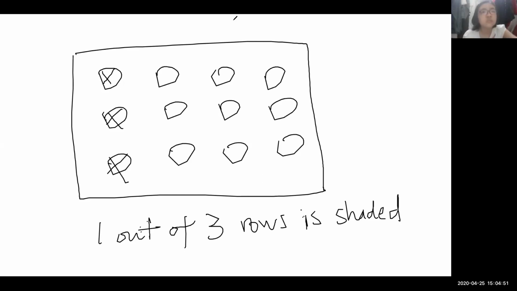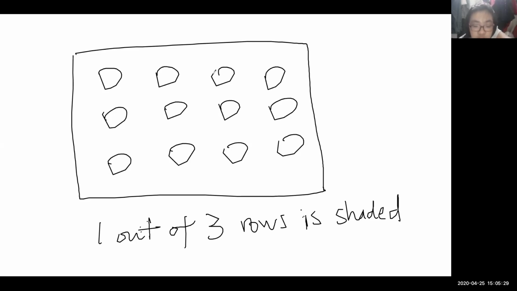Okay, good. So what is this? What's the meaning of this? Repeat. Rows. 3 rows. What are you doing then? Shading the column. So are you correct or are you wrong? Wrong, right? Okay, so please redo.